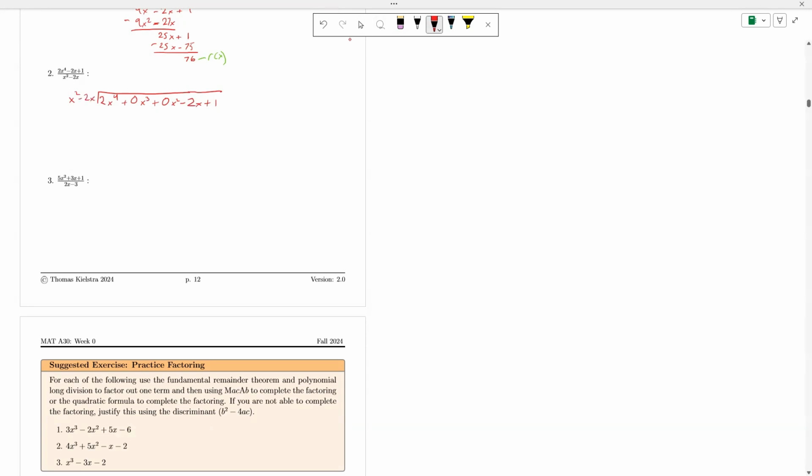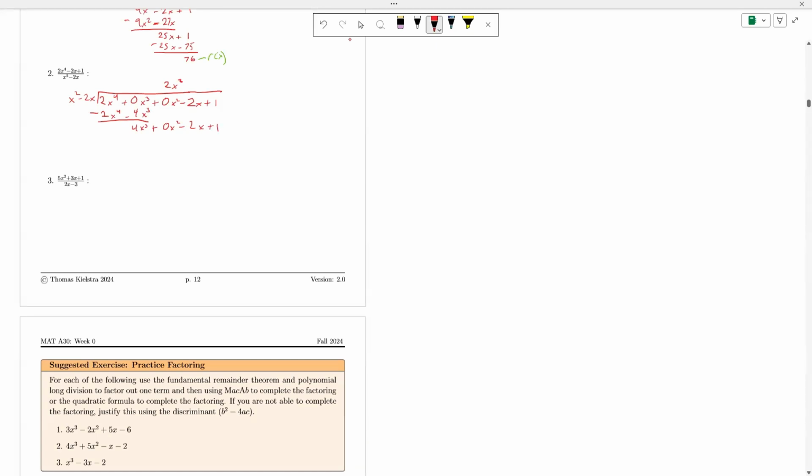Now here, x squared goes into 2x to the 4, 2x squared times. You'll notice I'm putting these numbers exactly above where the x's lie. So x squared goes above x squareds, x's above x's, constants above constants. I find this easiest for long polynomial division. This is going to give us 2x to the 4 minus 4x cubed. And when we subtract, we're left with 4x cubed plus 0x squared minus 2x plus 1.